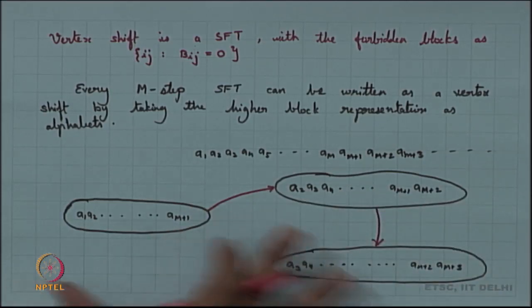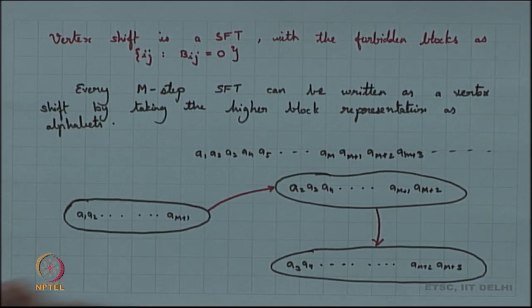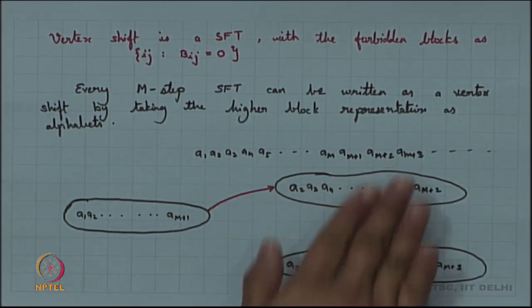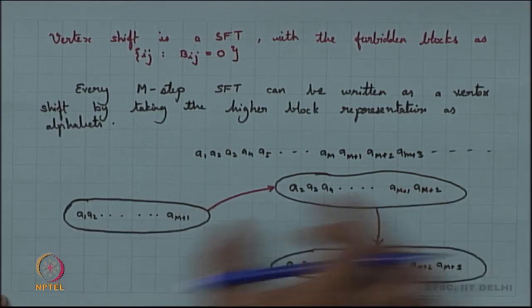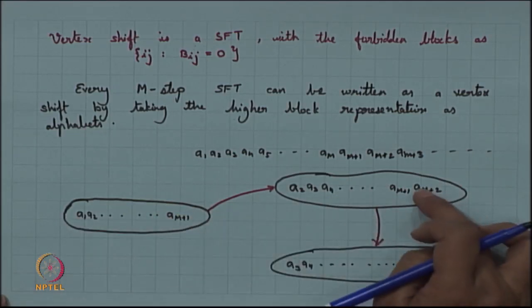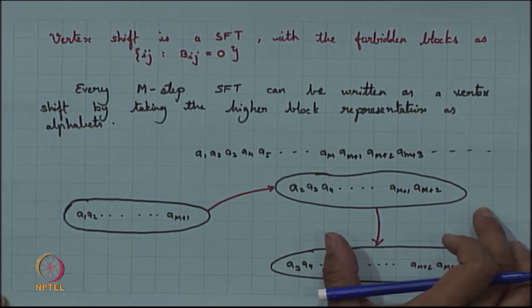Now, you could also think of this as an edge shift. How do you think of this as an edge shift? Supposing I have taken these as my vertices, then you want to draw edges and your edges should be labeled also. So, between this and this, this combined with a_{m+2} happens to be a permissible block.